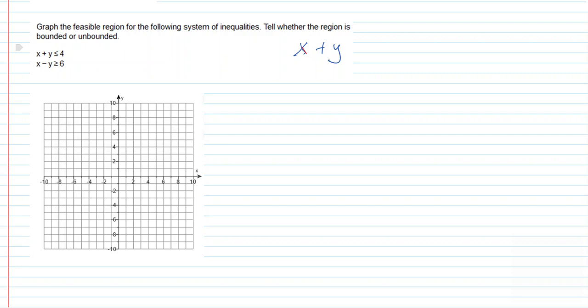So we have, let me do the blue, x plus y is less than or equal to 4. Now remember, we treat it as a function of intercepts. If x is 0, y is 4. If y is 0, x is 4. So we're going to have this particular line at 0 and 4, and 4 and 0.